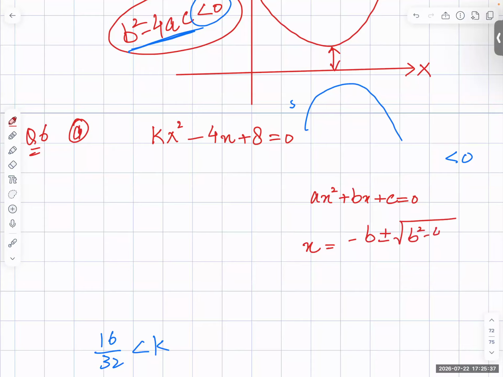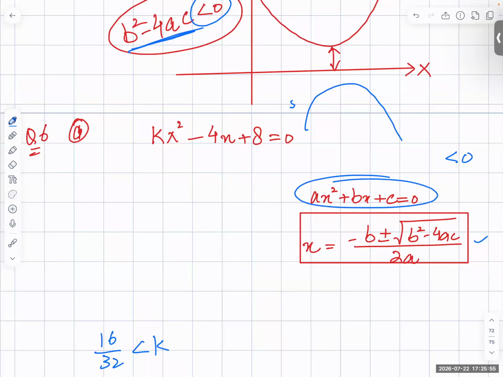Minus b plus or minus the square root of b squared minus 4ac, divided by 2a, right? You remember this was the quadratic formula, okay? While solving a quadratic equation, there were three situations in your O levels.